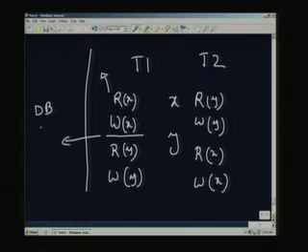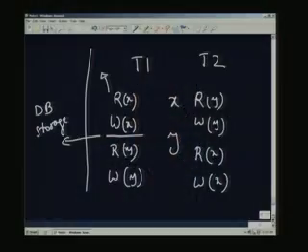This is the database storage. Since it has not yet modified the value on the database storage, it is possible to allow T2 to read a value before modification, which means that there are three possibilities depending on what you allow T2 to do after T1 has actually started executing.